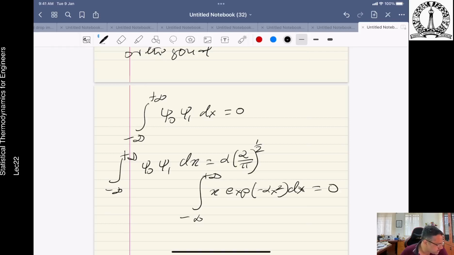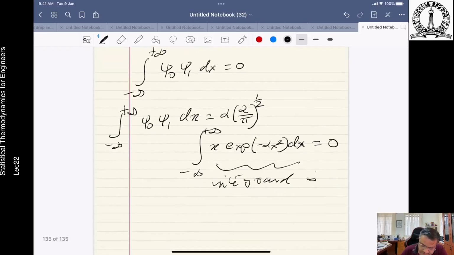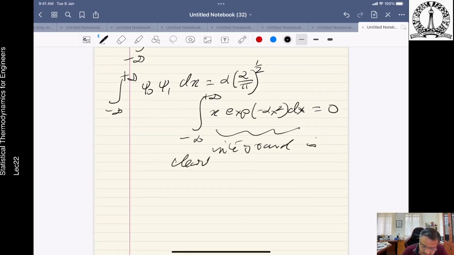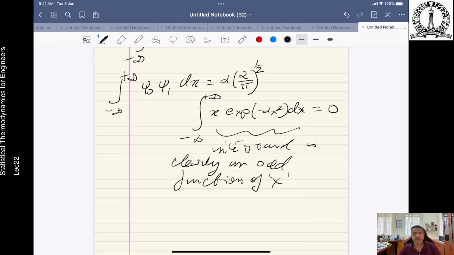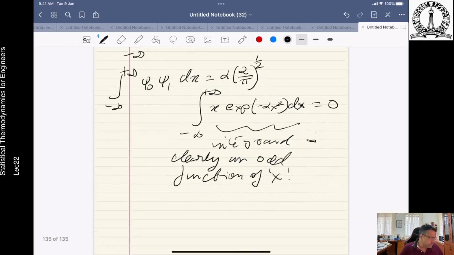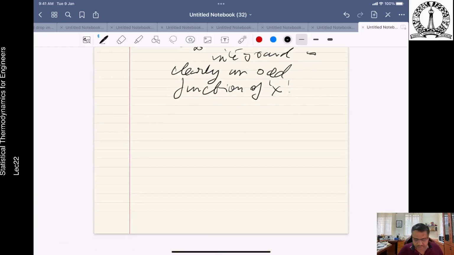This you can validate: the integrand is clearly an odd function of x. This is how you analyze it.